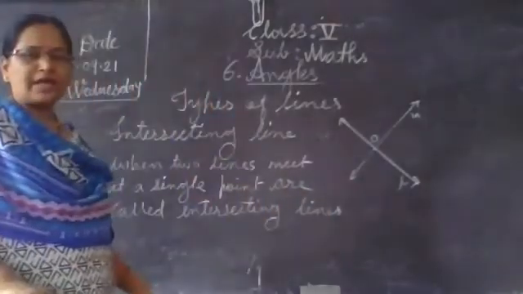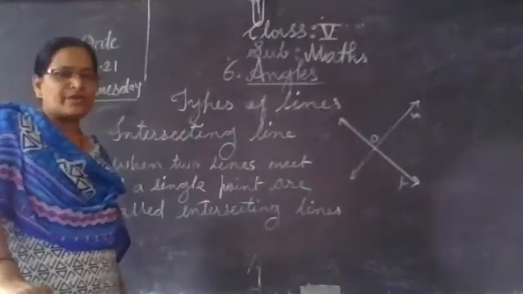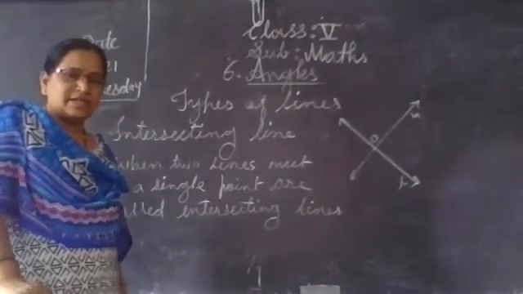Got it, beta? When two lines meet at a single point they are known as intersecting lines.